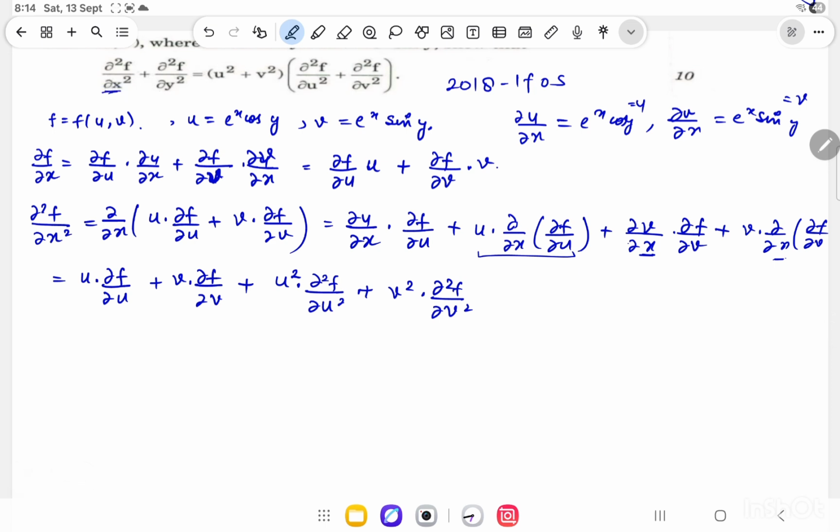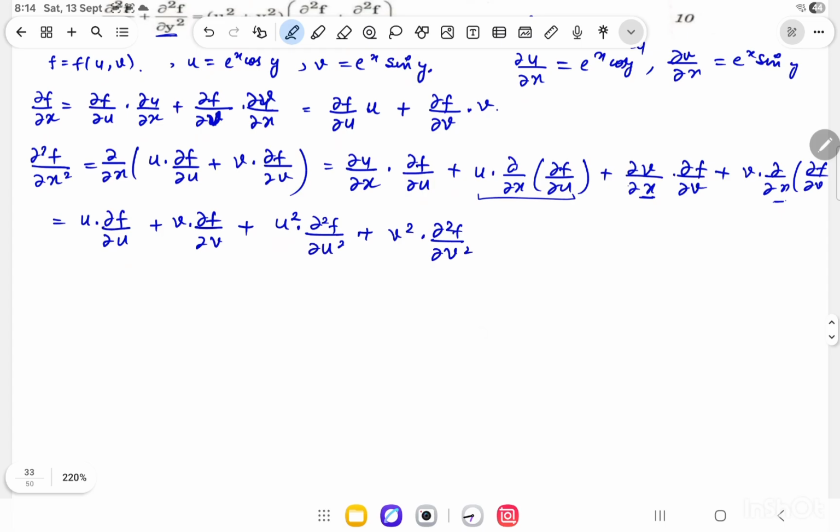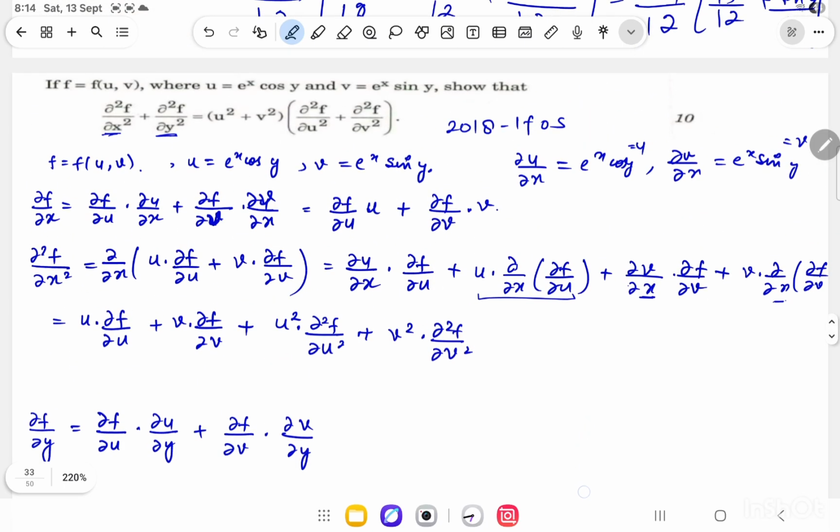Now we are also supposed to find del square f by del y square. For that, first we need to find del f by del y. That will be del f by del u into del u by del y plus del f by del v into del v by del y. So let's find the value of del u by del y.